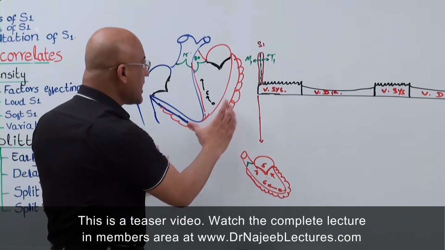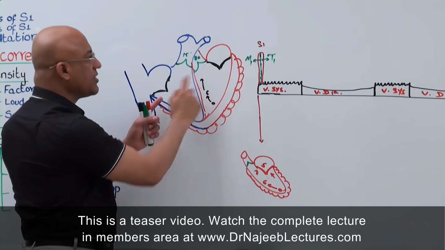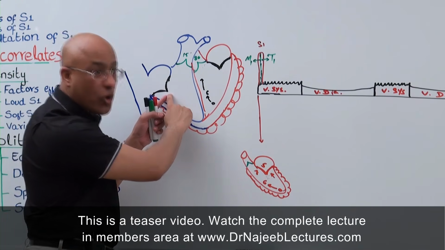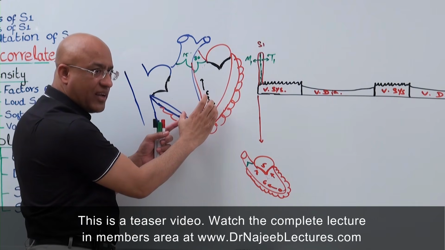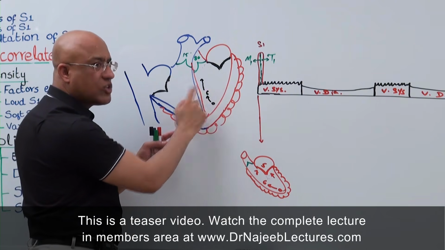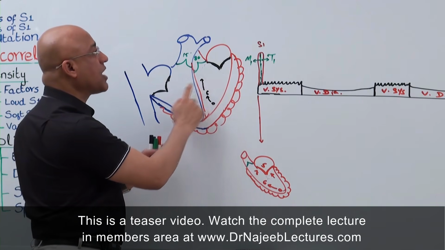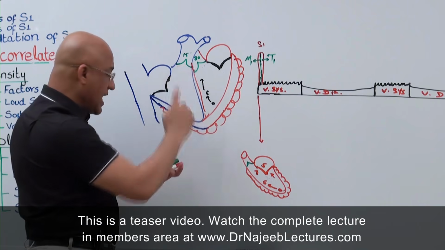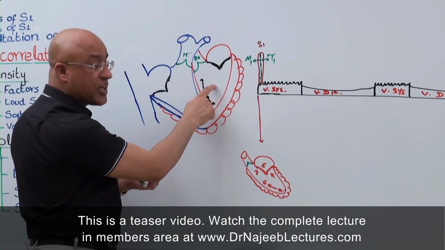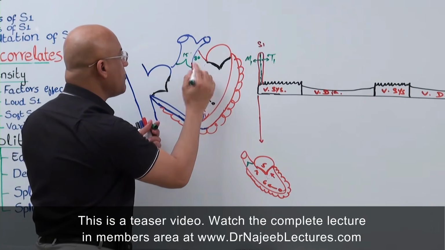Now, the ventricles keep on contracting. As soon as the ventricles started contracting, these two valves closed. But the ventricles keep on contracting and squeezing the blood in their chambers until intraventricular pressure becomes more than major arterial pressure. When left ventricular pressure becomes more than the pressure in the root of the aorta, the aortic valve will open.